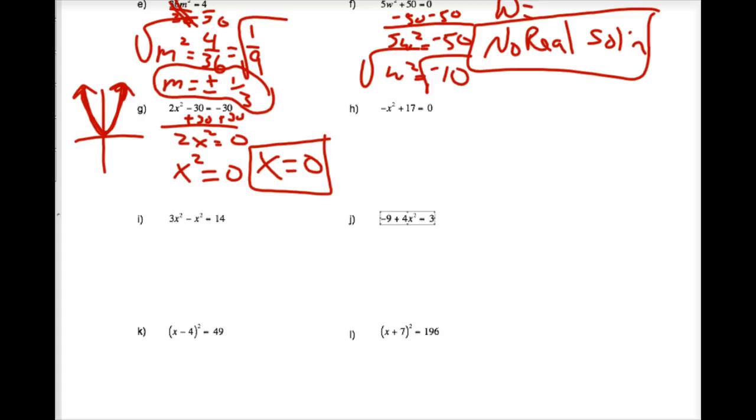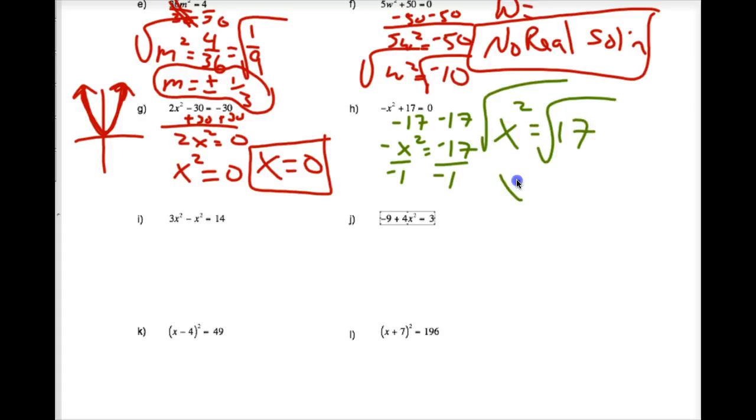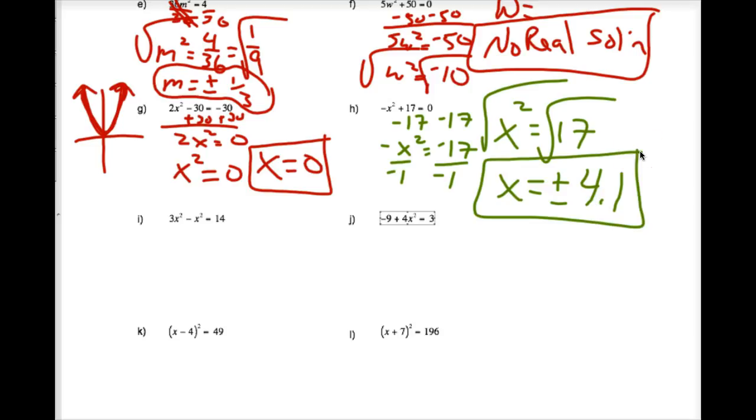All right, now let's do our first one. Doesn't work out evenly. Grab your calculators. Subtract 17. Negative x squared equals negative 17. Divide by negative 1. X squared equals 17. What are we rounding to? Square root, x equals plus or minus 4.1. One decimal spot, you're good to go.